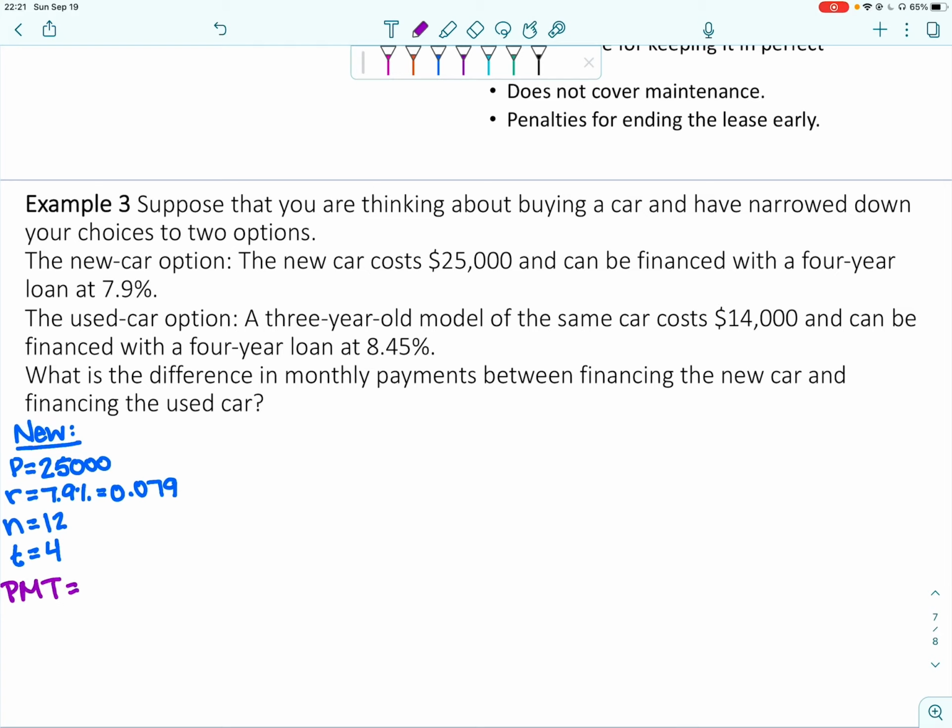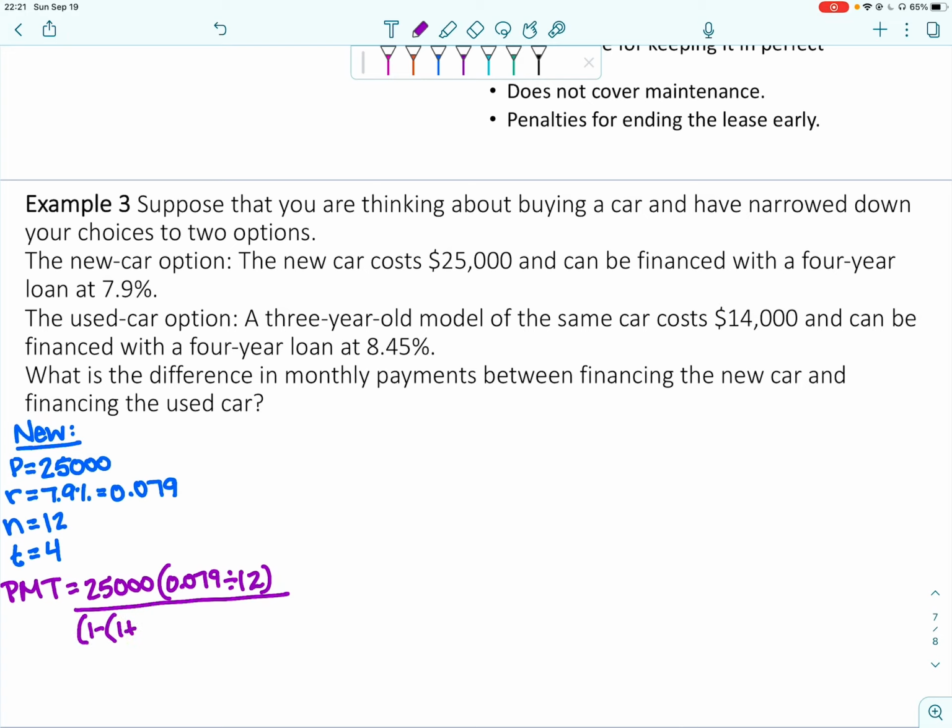So the payment for the new car, $25,000 times 0.079 over 12, divided by 1 minus 1 plus 0.079 over 12 to the negative 12 times 4 power. I'm going to write this one just a tiny bit differently.